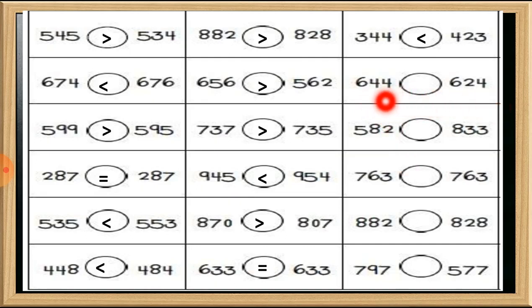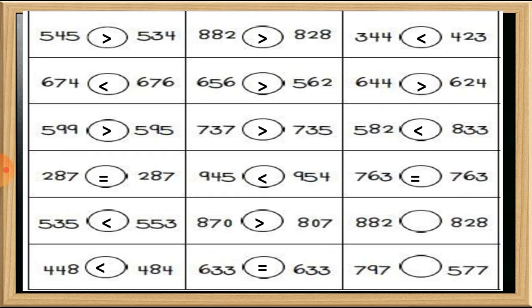So students, 44 is a big number, so we have to put this sign. So this number is bigger, 644. Here is 582 and here is 833. So this number is big which is at the right side. So alligator will eat 833 number. Here is 763 and 763.